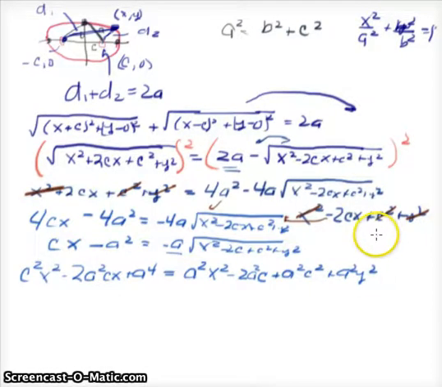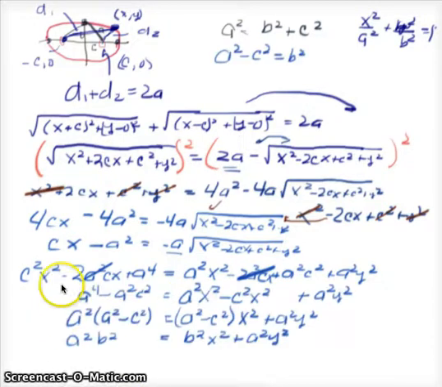Okay, now if we look real carefully, I forgot to put this cx here, so these two guys go away, and now we just have to rearrange the terms. So what I did is I rearranged some terms. I left this a squared here, I moved this a squared c squared to the left, I left this a squared x squared here.